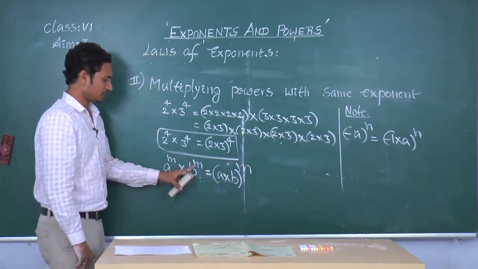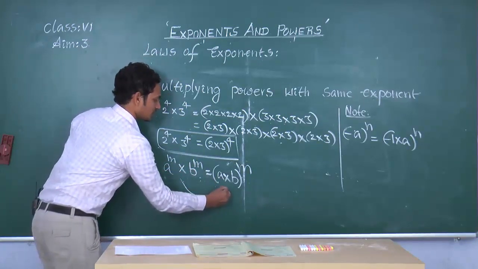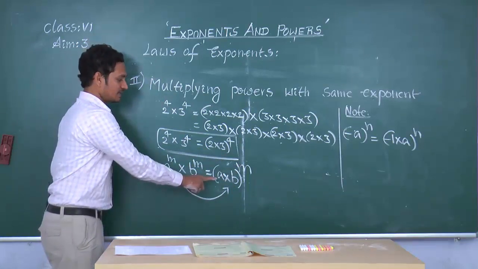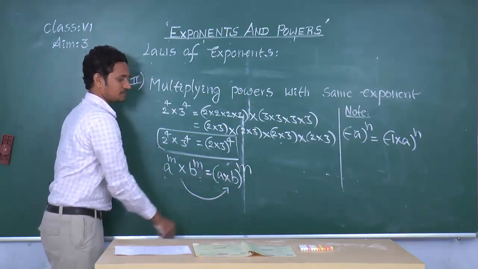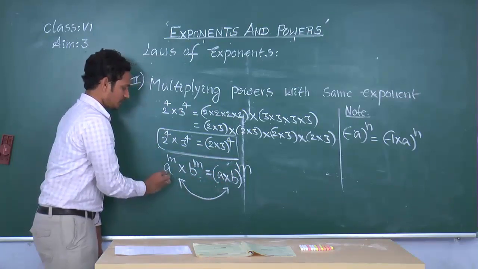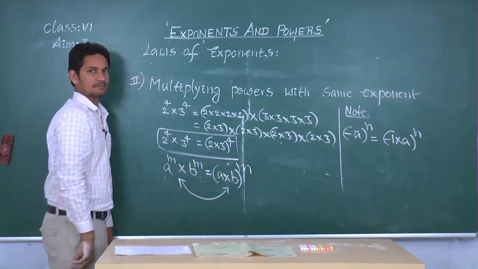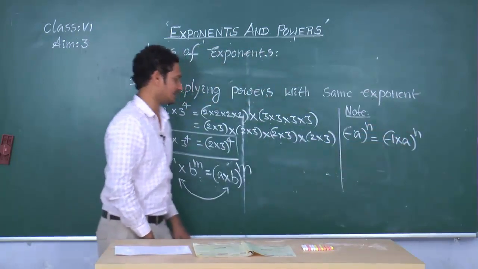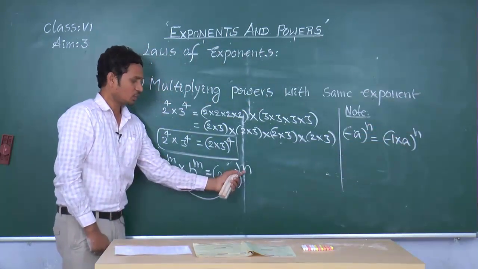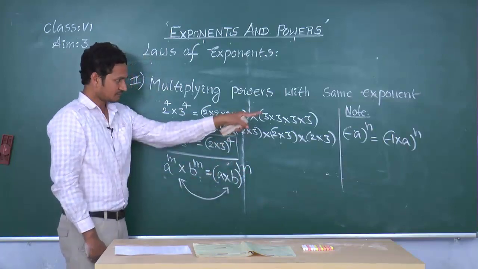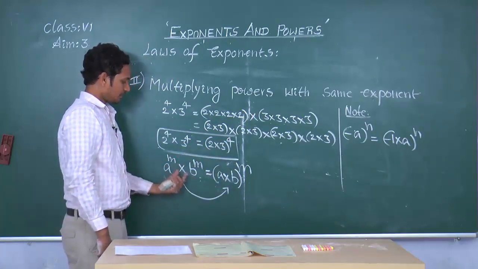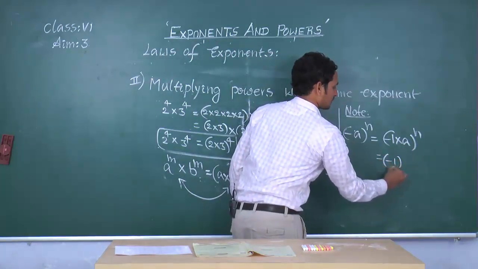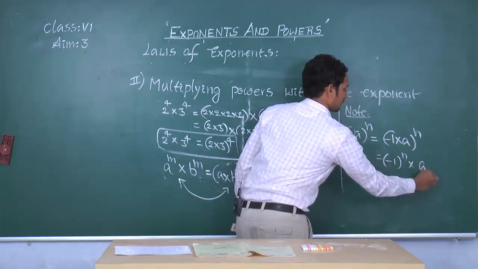If a power m into b power m, we can convert into a into b whole power m. Sometimes if any result is in the form of a into b whole power m, we can convert into a power m into b power m. So this is looking like a into b whole power n, looking like a into b whole power m. So we can convert that result into a power m into b power m, nothing but minus 1 whole power n into a power n.